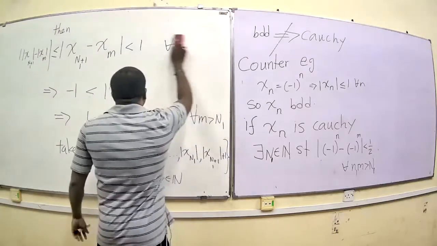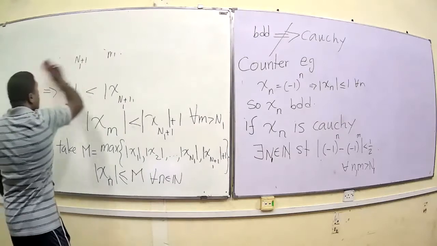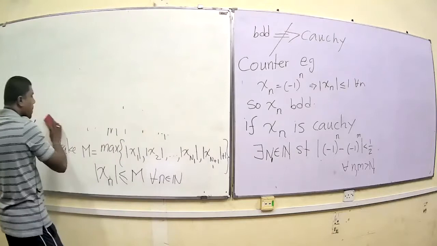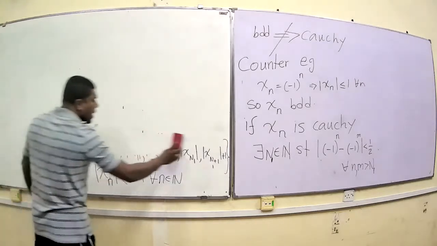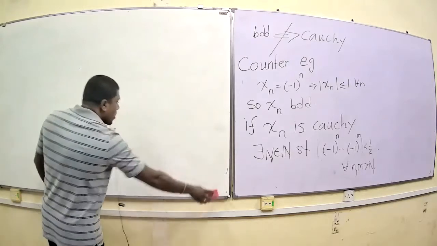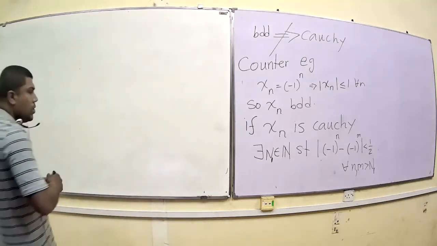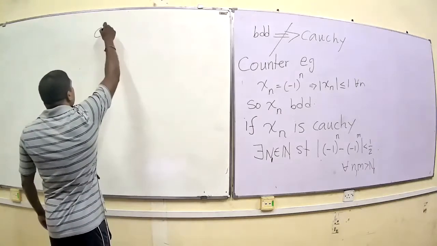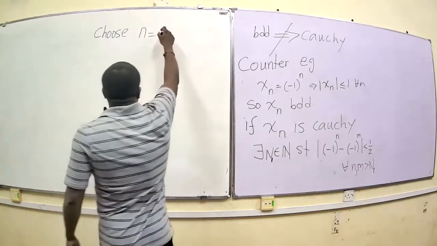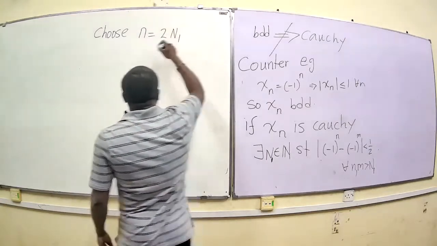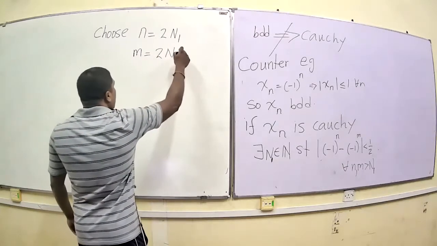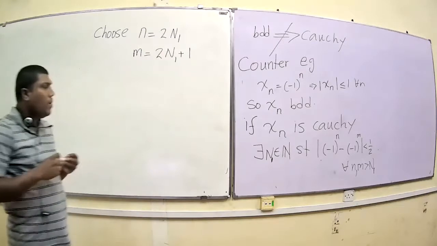So to get a contradiction, I have a fixed n1. Let me choose m and n as two numbers which are greater than n1. So first thing I have to do is choose m and n. Let me choose n equal to 2n1 and m equal to 2n1 plus 1.